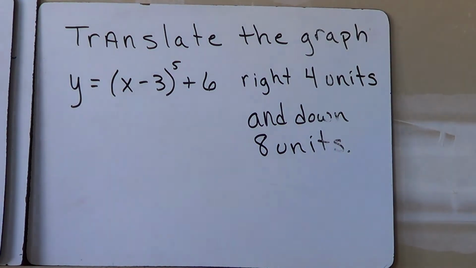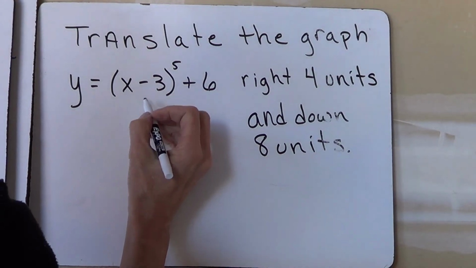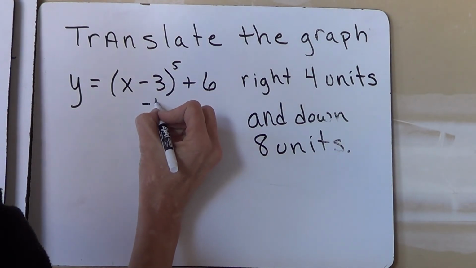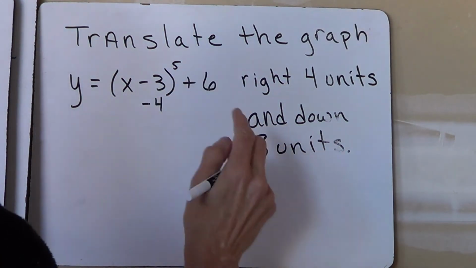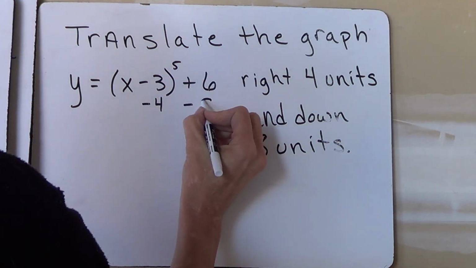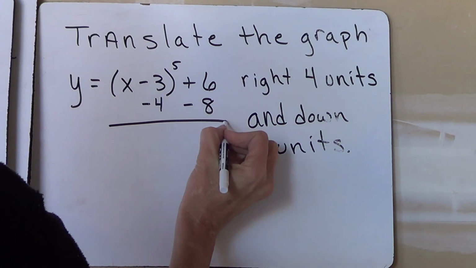Translate the graph, x minus 3 to the 5th power plus 6, right 4 units. Okay? So if we're going right, that would actually come in as negative 4, 4 more to the right, and down 8 units, that would be a minus 8, and I just actually add them right here.